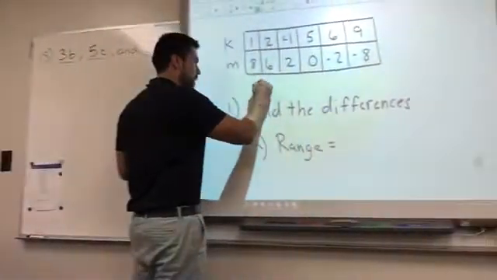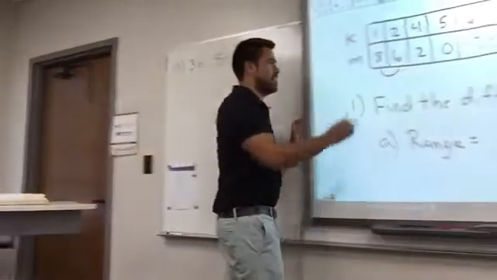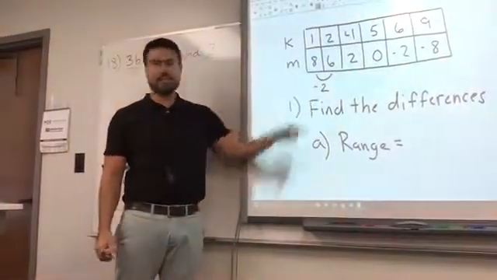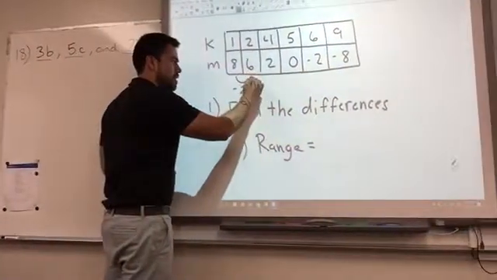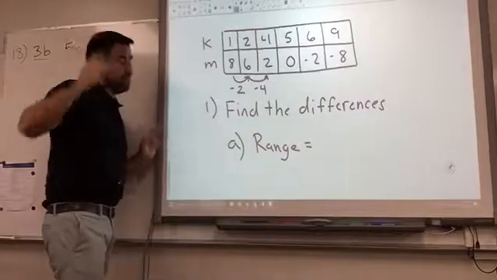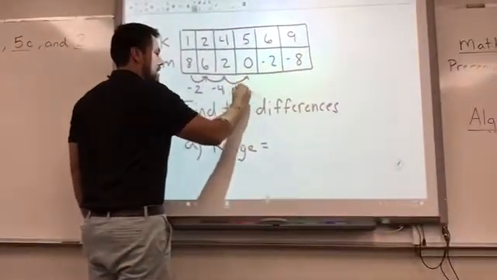So what's the difference right here? So what's 6 minus 8? Negative 2. 6 minus 8 is negative 2. What's 2 minus 6? Negative 4. Okay. What's 0 minus 2? Negative 2.